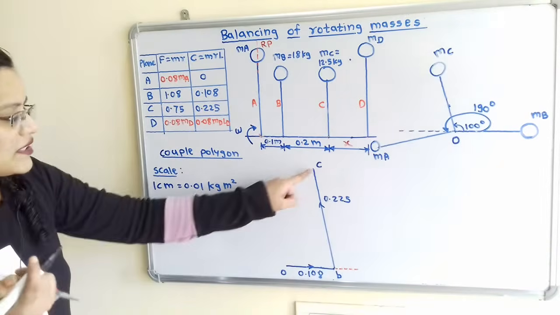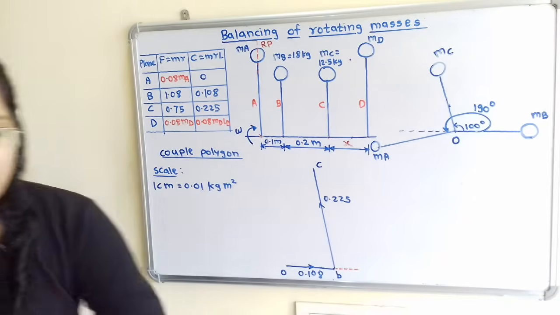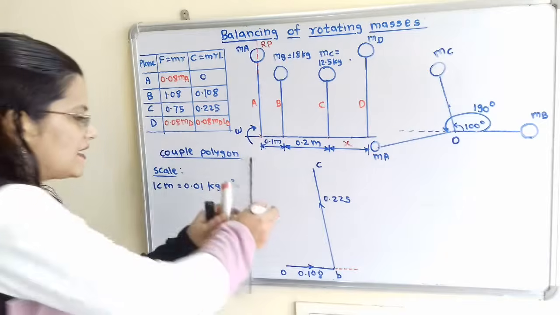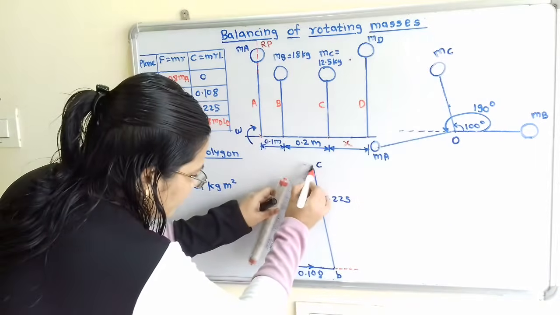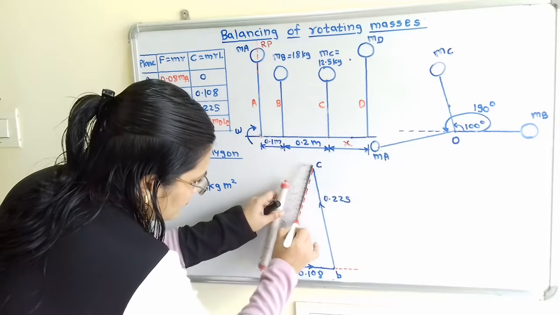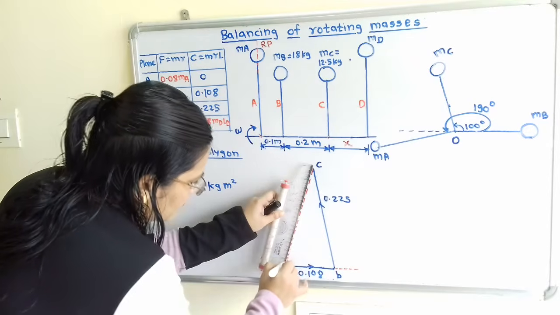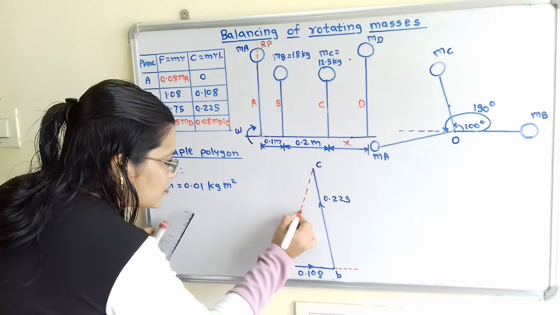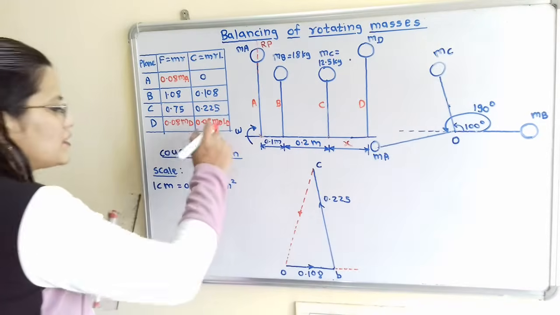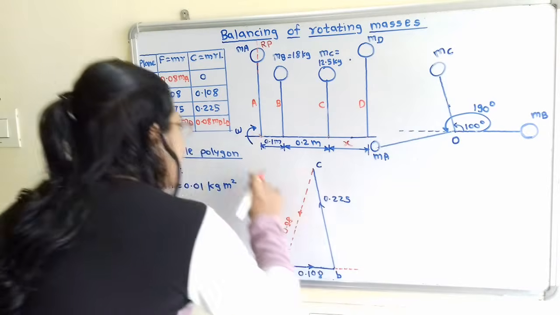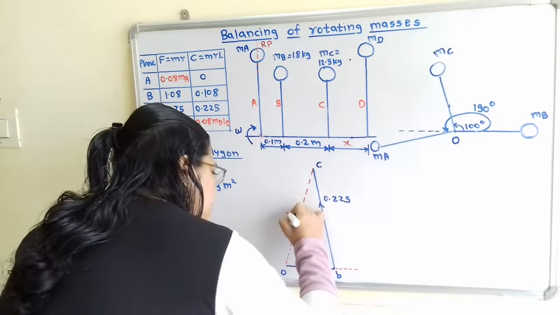So this is our construction to join this point C as well as O. I will use the red marker. Now what is the value for this? I will show an arrow also, and its value is 0.08 MDLD.